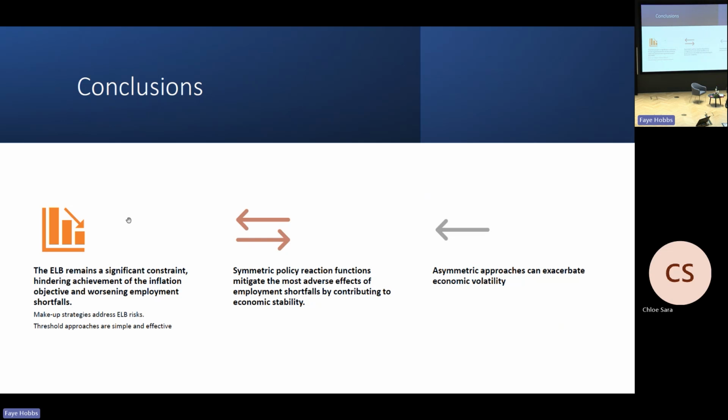I didn't talk much about it, but really simple threshold approaches do very well in the models I consider. Second, symmetric policy reaction functions mitigate the most adverse effects of employment shortfalls by contributing to economic stability. And then third, asymmetric approaches actually do the opposite. They exacerbate economic volatility.